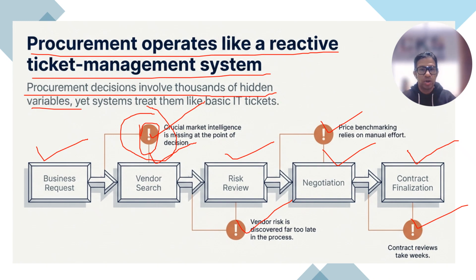This means when procurement is selecting vendors, they are often doing it with incomplete visibility. No live market pricing, no supplier benchmarking, no demand supply context. So vendor selection starts with guesswork, not intelligence.